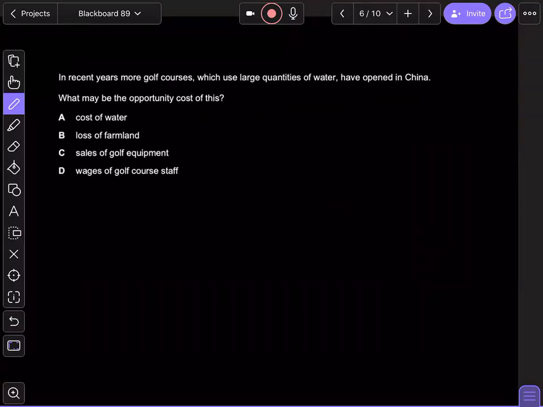In recent years, more golf courses which use large quantities of water have opened in China. What may be the opportunity cost? So now what will be the opportunity cost of golf courses?